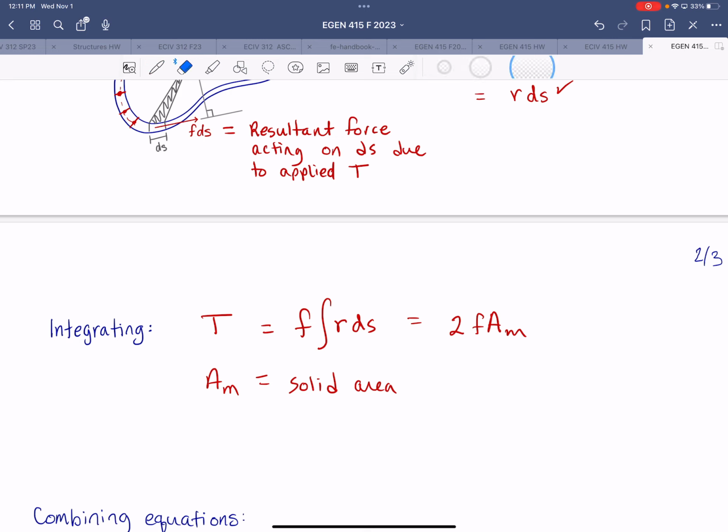Maybe it makes more sense to say the entire or the whole area. Total area. Yeah, I feel like solid implies the solid material. Yeah, that is fair.